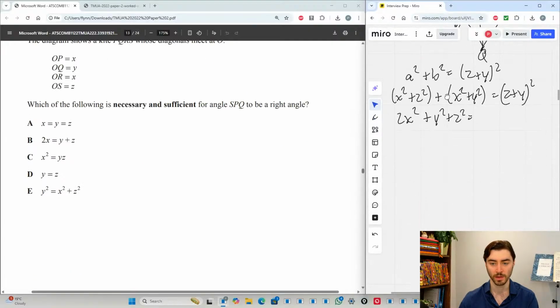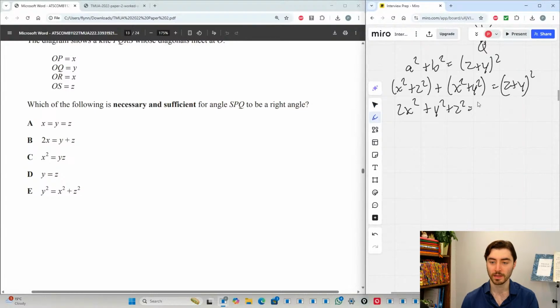I can see that things are going to cancel out here. Plus y squared, cancel, cancel, cancel. So it means that x squared is equal to yz. And I think the answer is C.